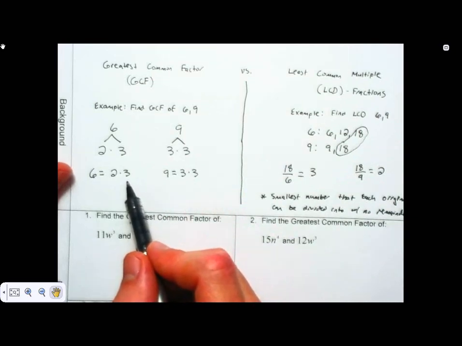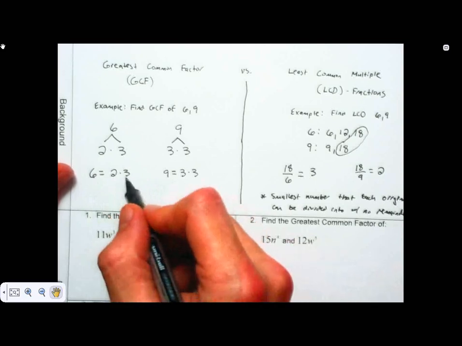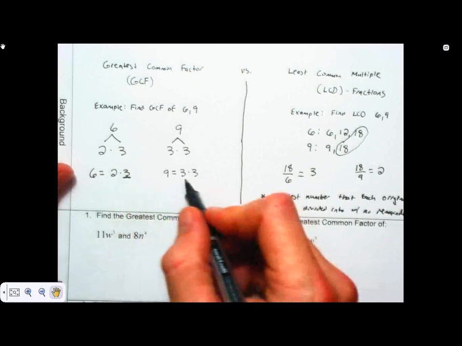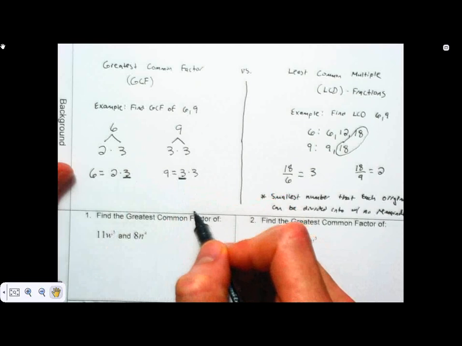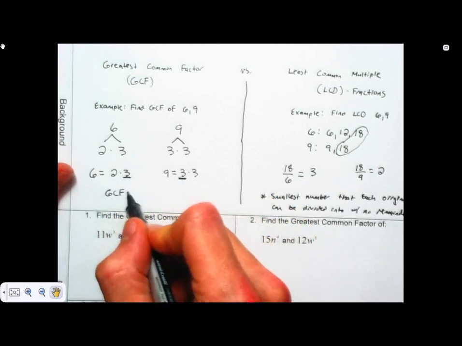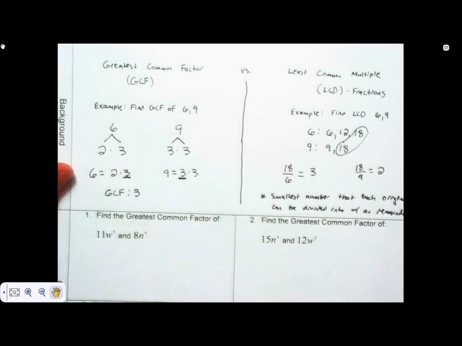It's the largest number, basically the largest factor that both 6 and 9 have in common. Well, in this case, notice that 6 has one 3, and that's in common with one of the 3's for the 9. So the greatest common factor between 6 and 9 would be 3. That's the only factor that they share.